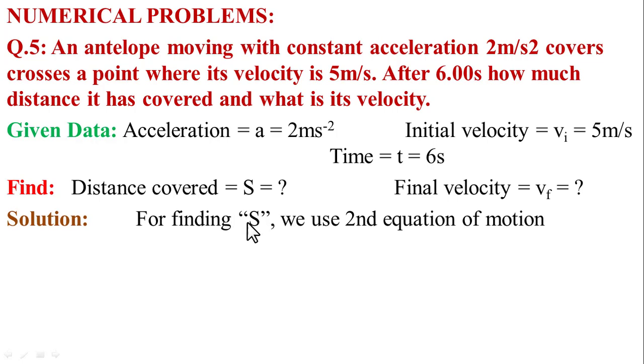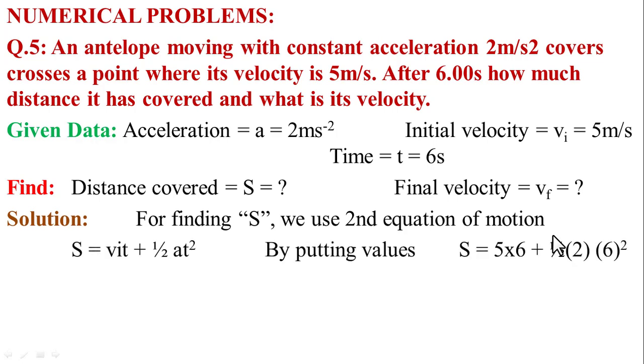For finding the S, we use the second equation of motion. In the second equation of motion, S is equal to Vit plus 1 upon 2 at square. Putting the values, S is equal to 5 multiplied by 6, where 5 is initial velocity multiplied by 6 seconds of time, plus 1 upon 2 at square.